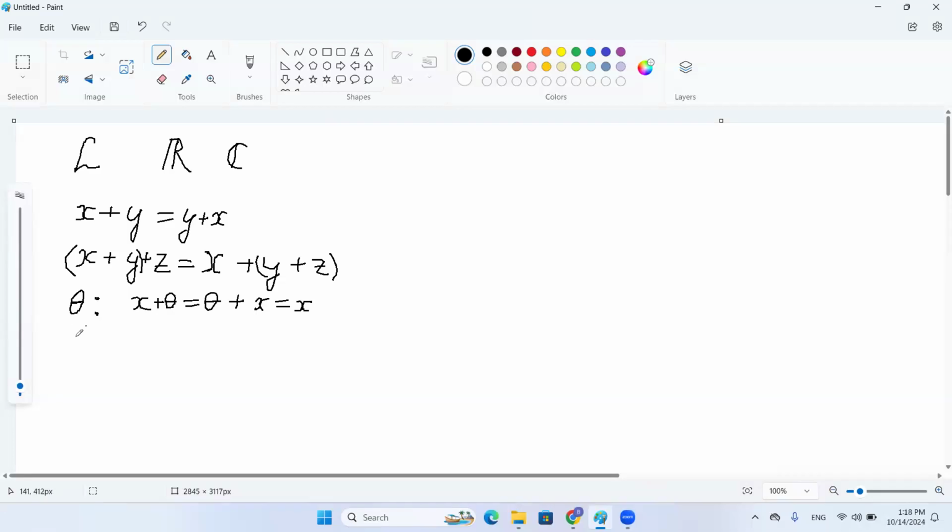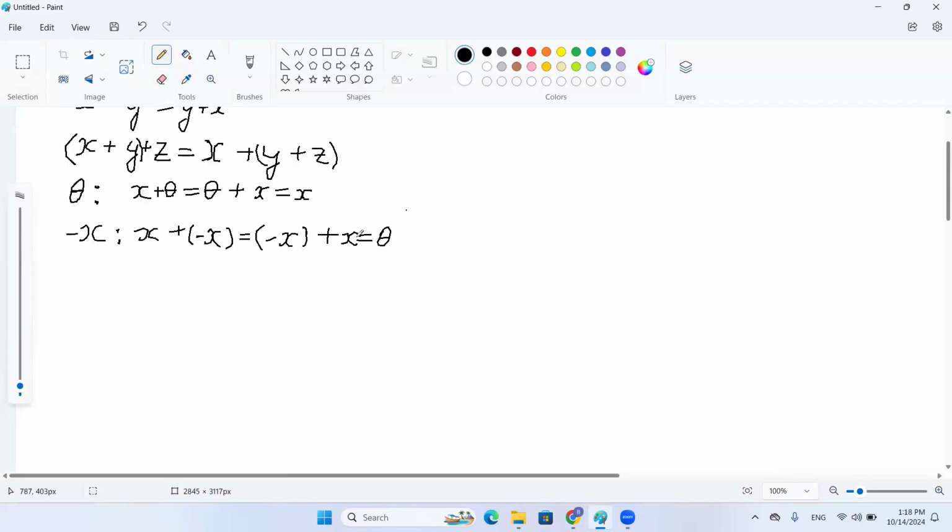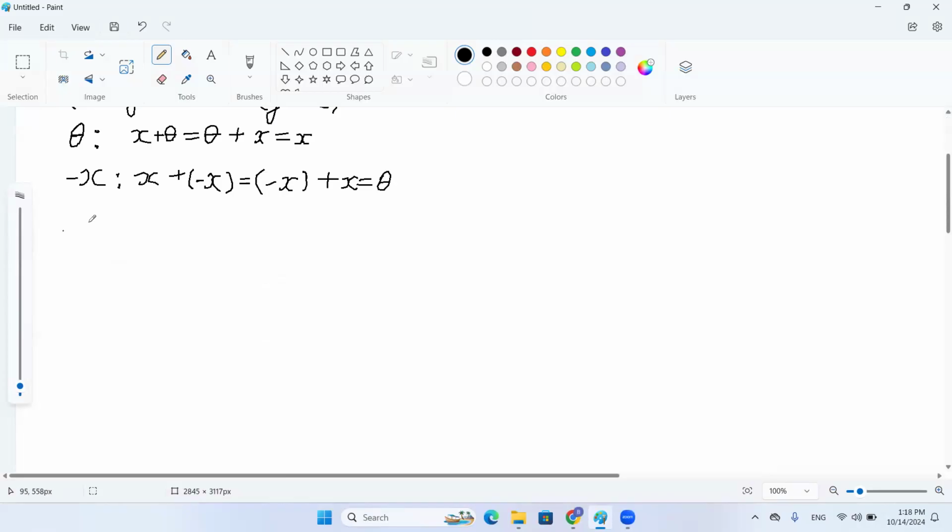And also we have the opposite element. If we add this opposite element, either from the left or from the right side, we will have a zero element as the result. Also, we have a unit element, element one.